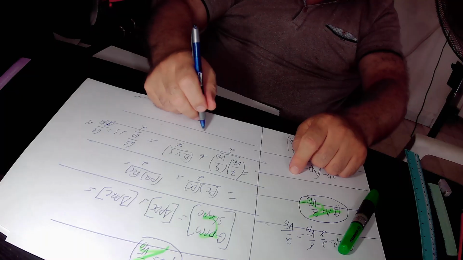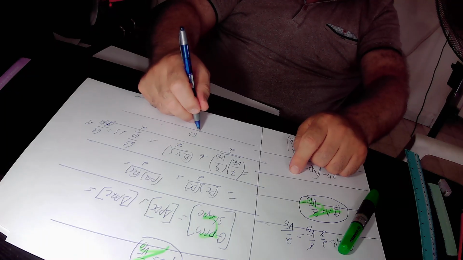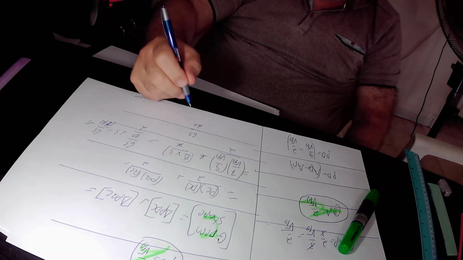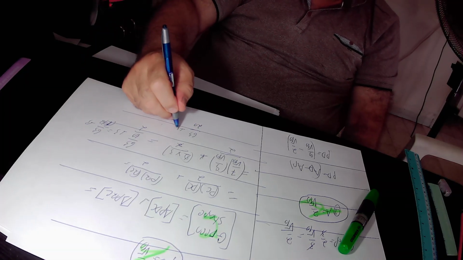So it is 63 over 10 times 2, which is 20. So it is 63 over 20 plus 3.